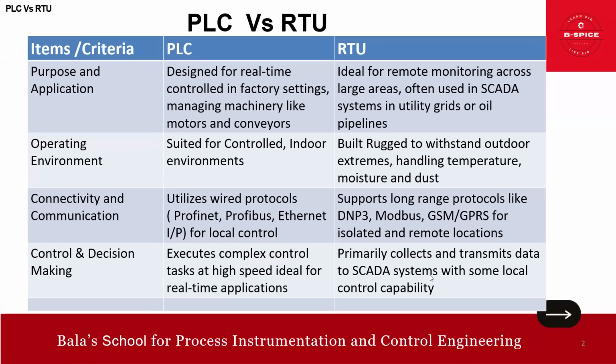That is a functionality or limitation. Each has its own features and advantages, right, friends? I'm not saying this is better or that is better. Each has its own functionalities. So that's the purpose and application, operating environment, connectivity and communication, and control and decision making.